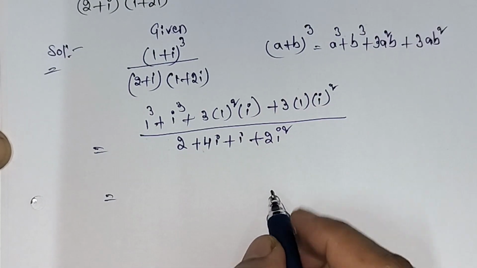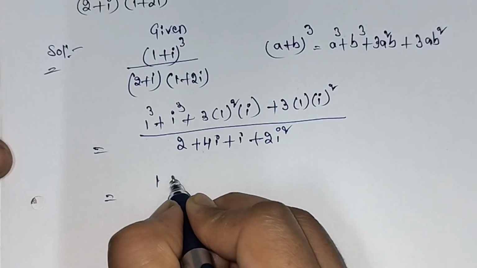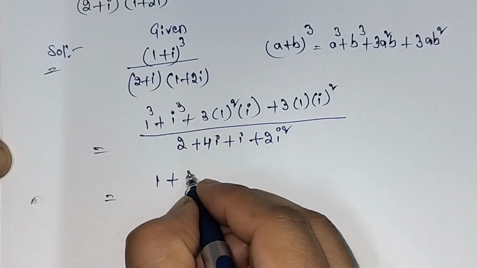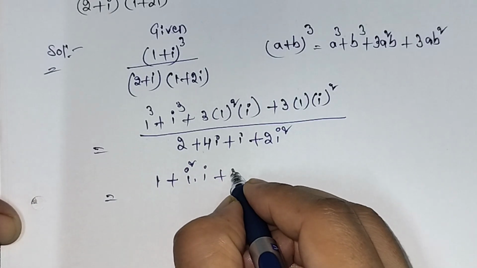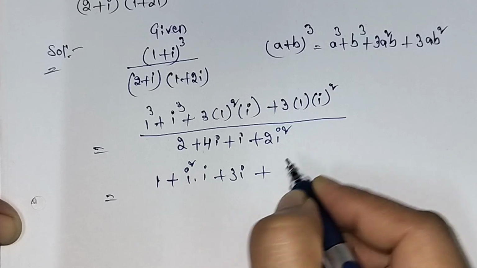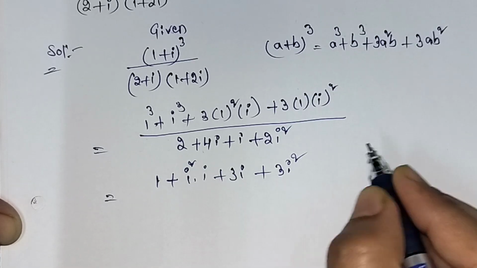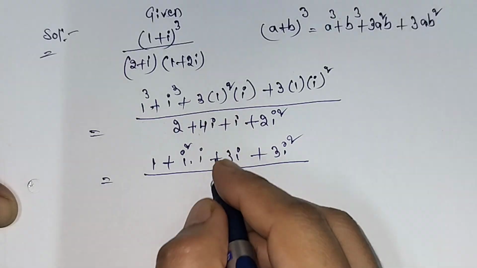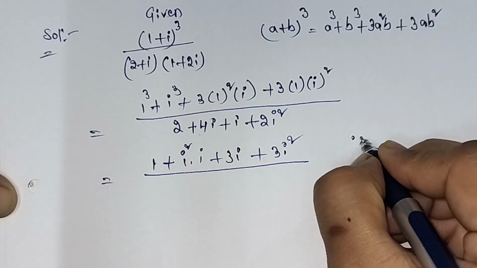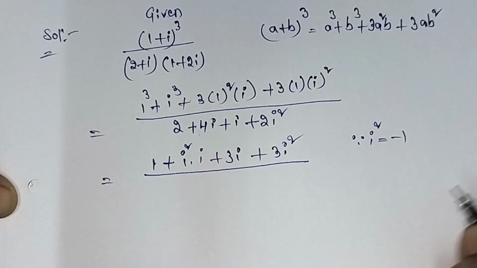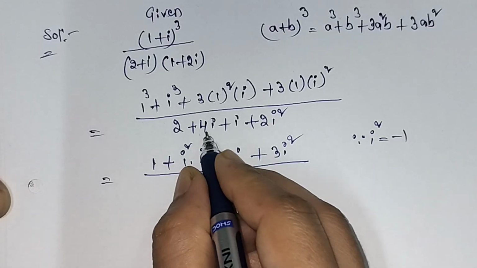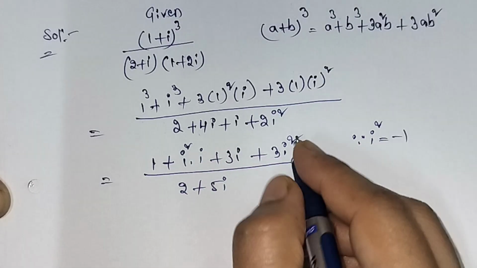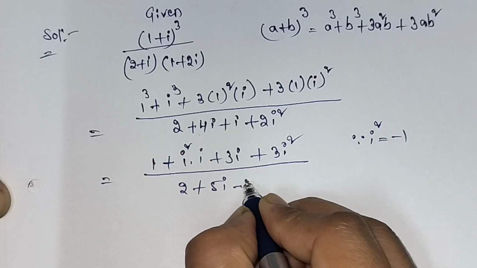That equals 1 cube means 1, i cube we can write i square into i, plus 1 square is 1, 3 into i, 3 into i square. Since i square is equal to minus 1, the denominator is 2 plus 4i plus i, 5i, i square is minus 1, minus 2.